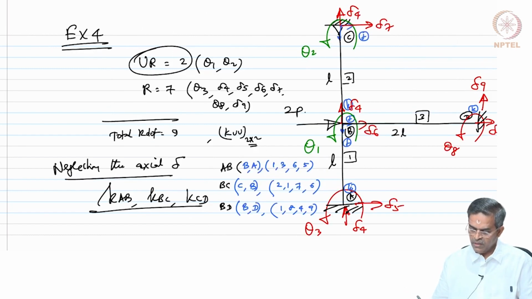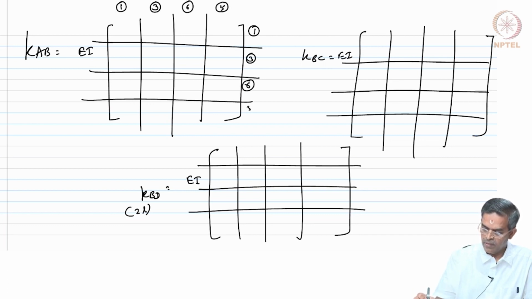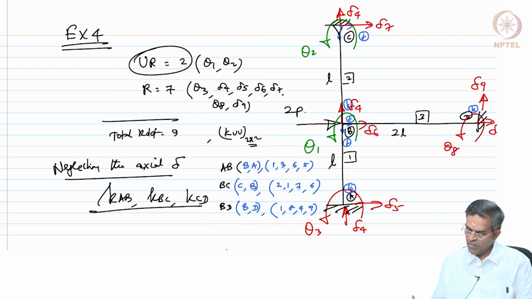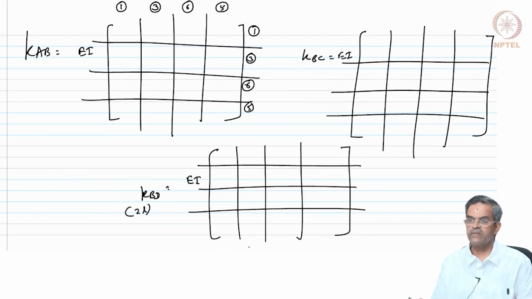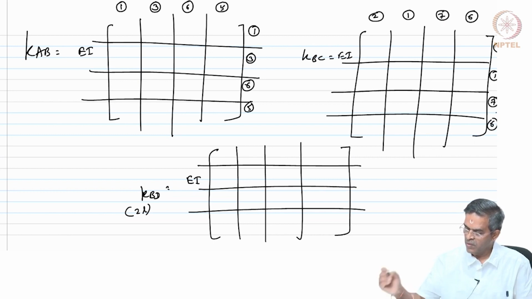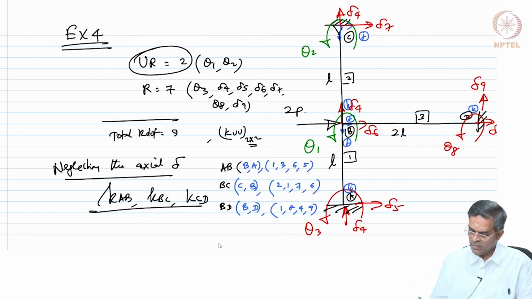We also know the labels. Let us write the labels: 1, 3, 6, 5, that is for the member AB. For the member BC, 2, 1, 7, 6. And for the member BD, we know the labels are 1, 8, 4, 9, isn't it?